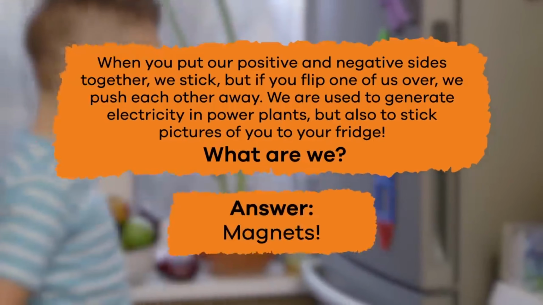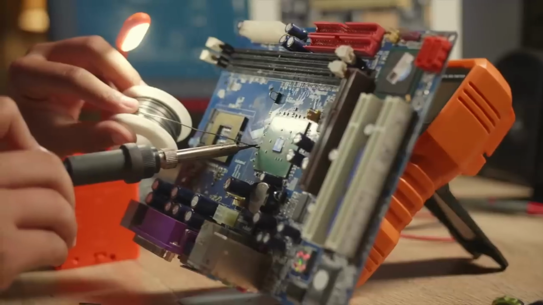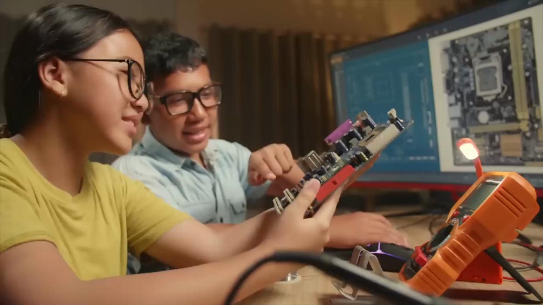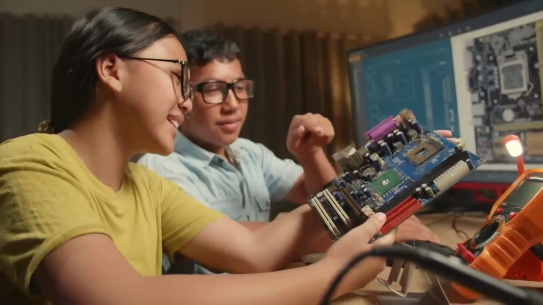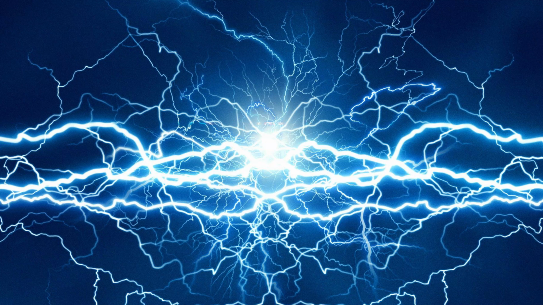I bet you said magnets. Well done. Now that you are an expert about electricity, share some of these fun facts with your family and friends. Isn't electricity fascinating? Now, I'll show you another video clip of how electricity works.